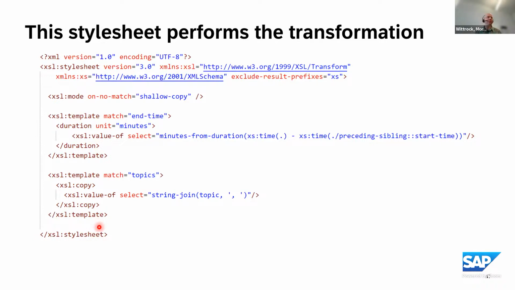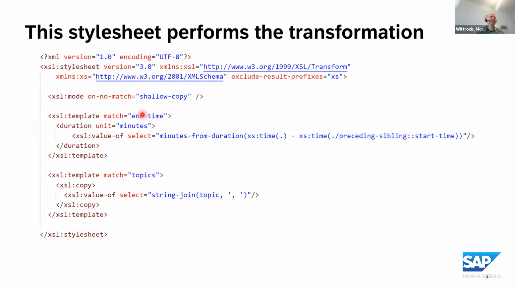The main concept here is the one of the template. We've got two templates in here. This one matches the end time element in the input, and you can sort of think of these templates as consuming that element and then producing something else that will go into the output.